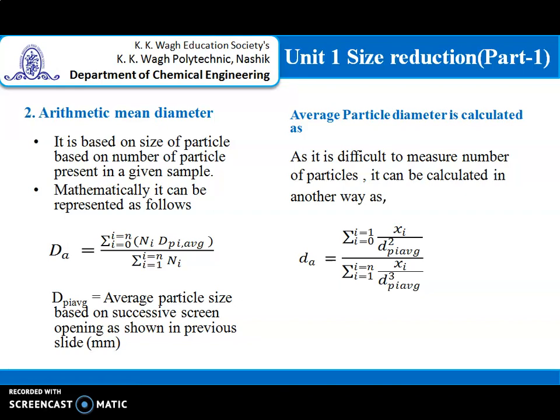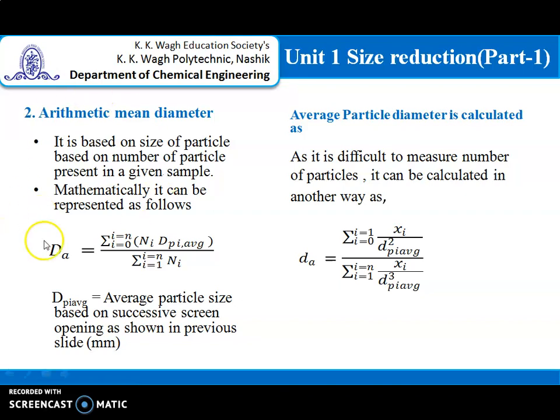Mathematically, the arithmetic mean diameter, where A stands for arithmetic, is the summation of ni, the number of particles of a particular size, times dpi average, where i varies from 1 to n, divided by the summation of the number of particles.